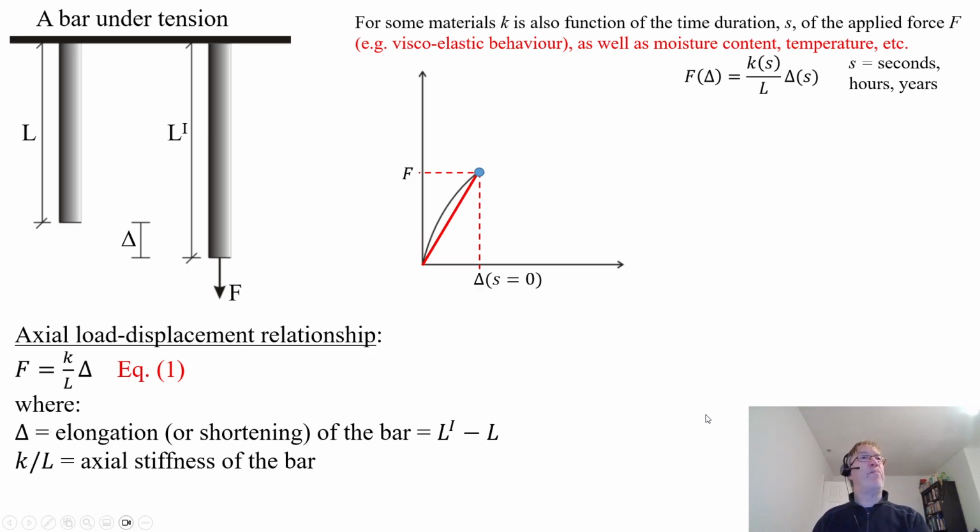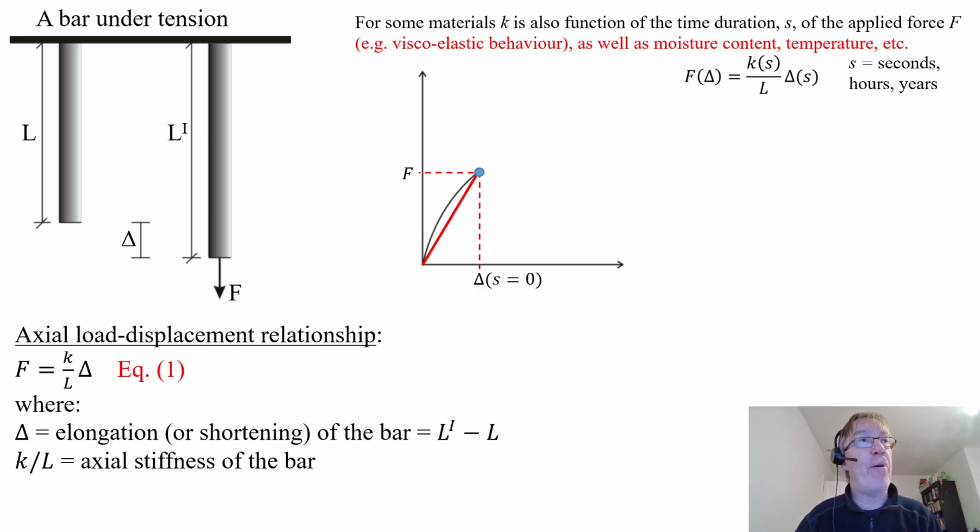So let's talk about viscoelastic behaviour. Viscoelastic behaviour is when you apply a load on. If you take the load off, it goes back to the original shape. But if you apply a load on and you leave it on for a long period of time, you will get something called viscoelastic behaviour.